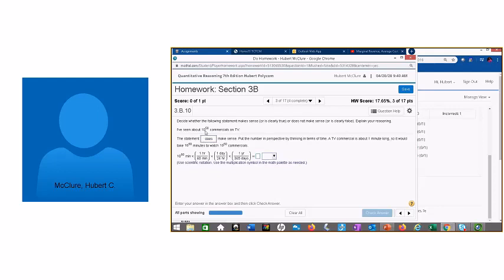I think 10 to the 50th is a little bit too big, that's 49 zeros. I think that doesn't make sense. And then you would go through and do the math, and it's a lot of math.